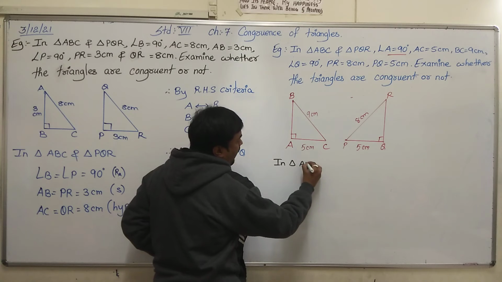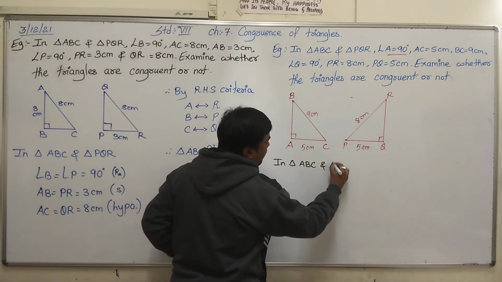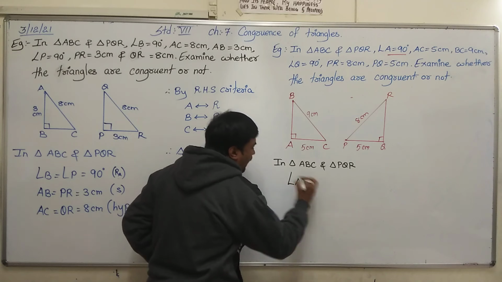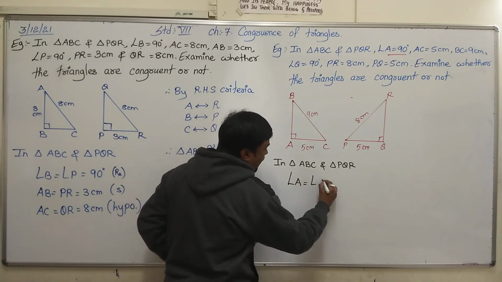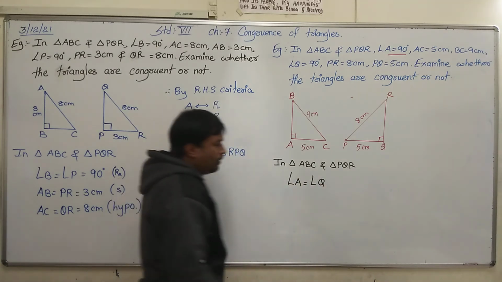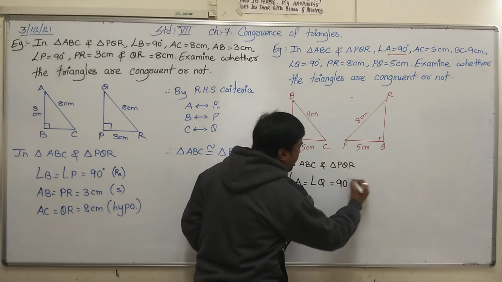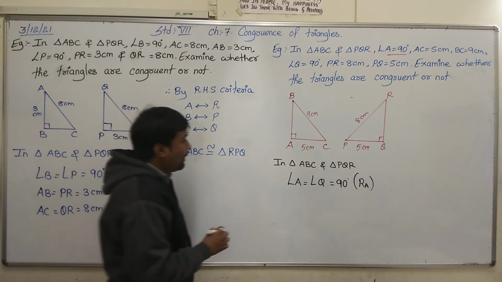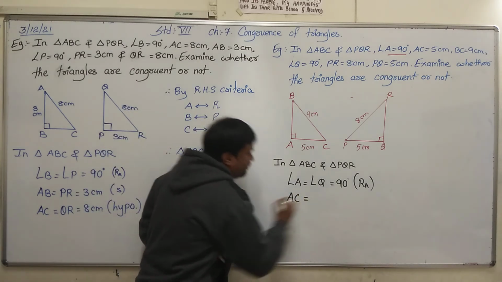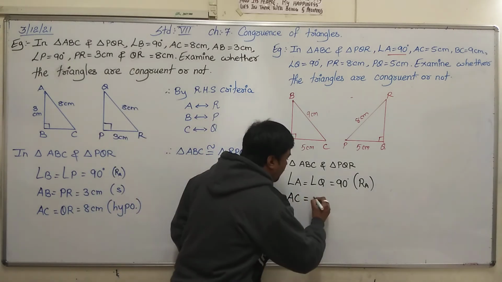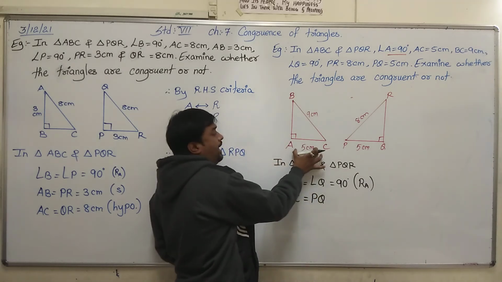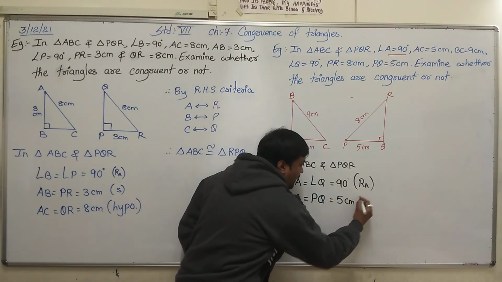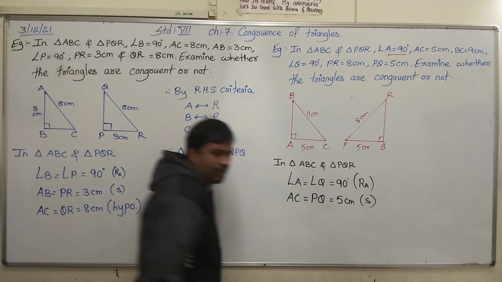In triangle ABC and triangle PQR, what we can say that angle A is same as angle Q, which is equal to 90 degree. Right angle, right? AC is same as PQ, that is equal to 5 centimeter. What is that? Side. One of the side.